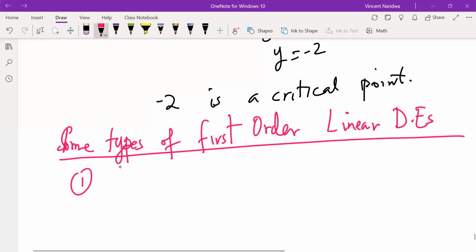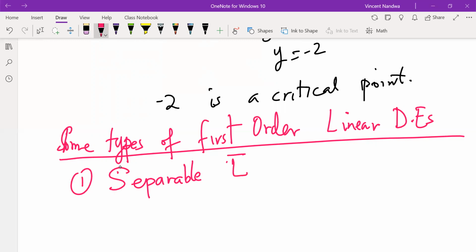The first class of equations that we are going to be dealing with are what we call separable equations.